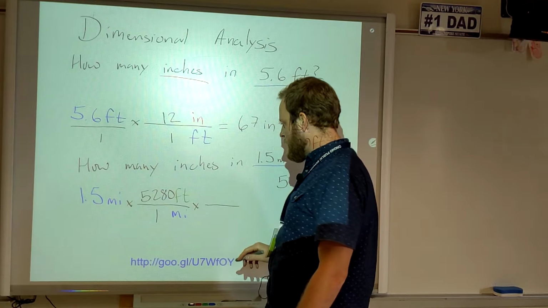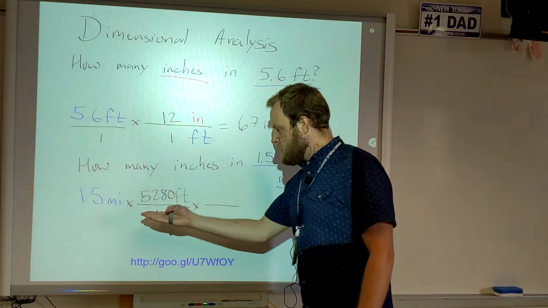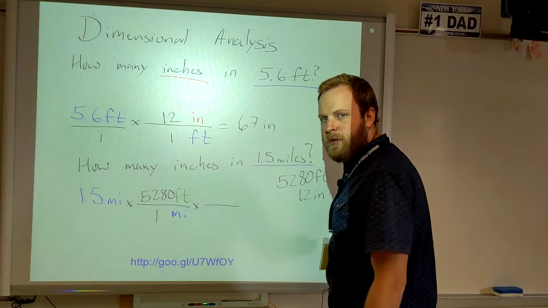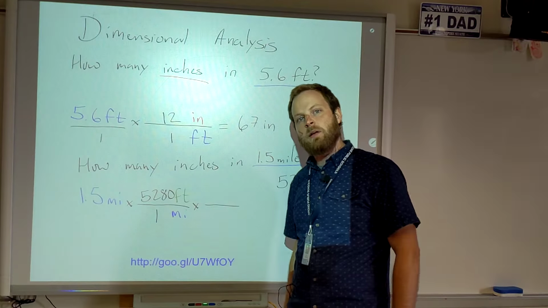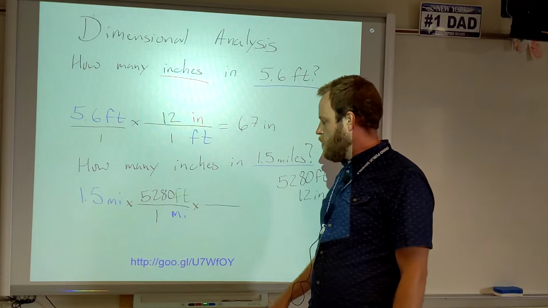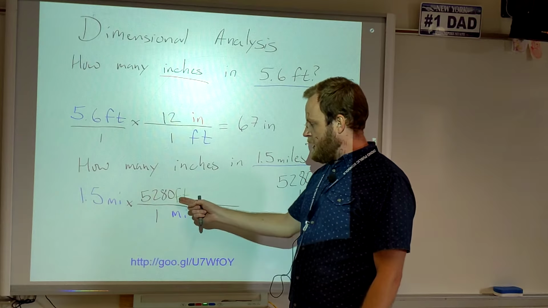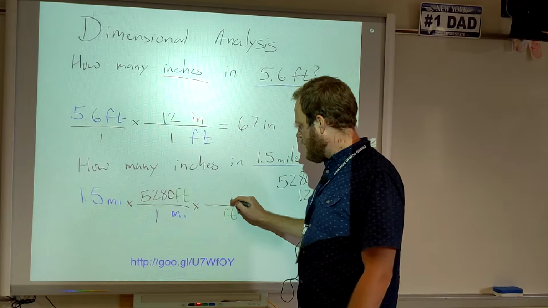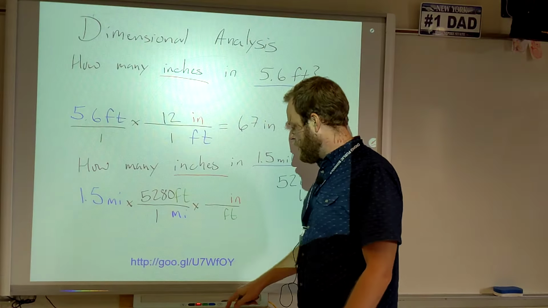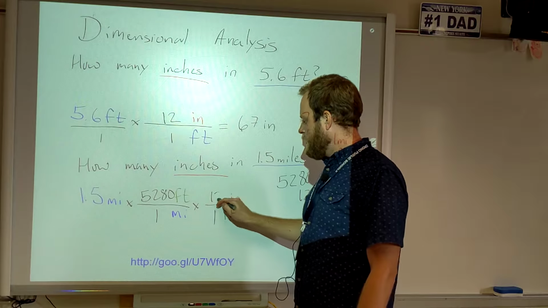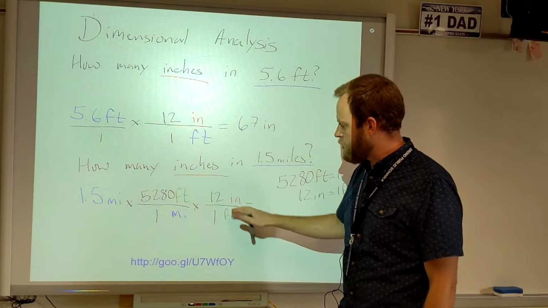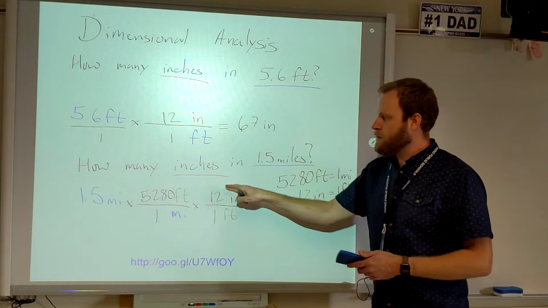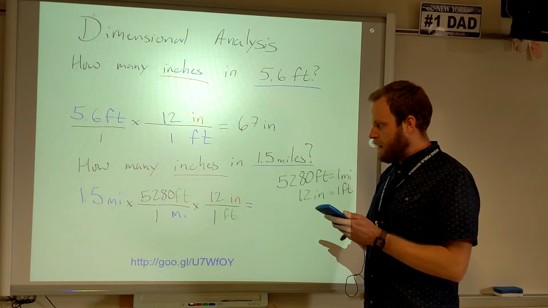The cool thing about dimensional analysis, too, is that you can do unit factor after unit factor after unit factor all in the same problem, so you only have to put this in your calculator once. So feet is up there. That has to go in the denominator. And then I can go to inches because that's what the problem would like. In 1 foot, there's 12 inches. So now I'm done for sure because my numerator, inches, matches what the question would like.